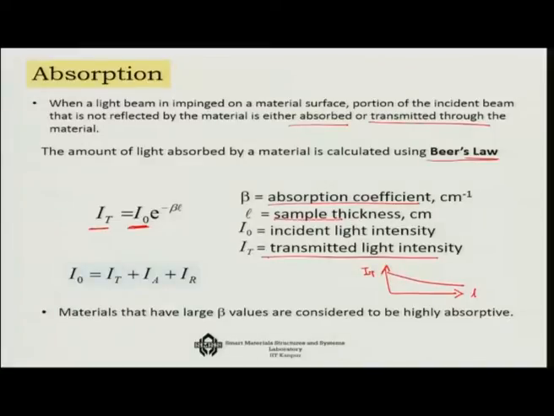So, that is about the light which is absorbed in the system, that is the IT part of it. Now, materials that have large beta values are considered to be highly absorptive because they are taking most of the light energy into the system.